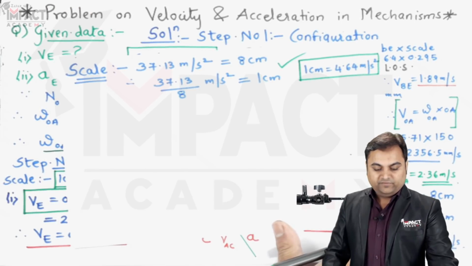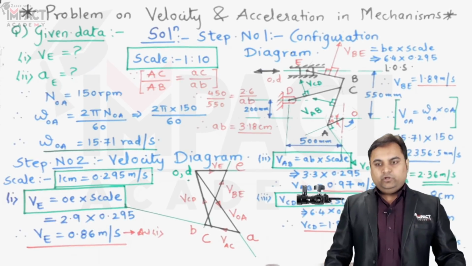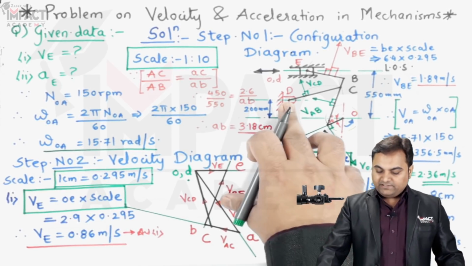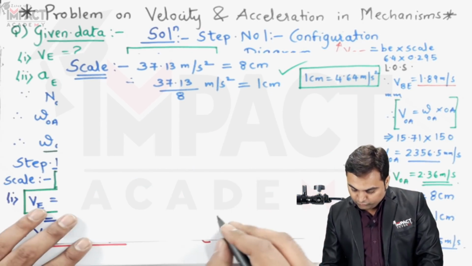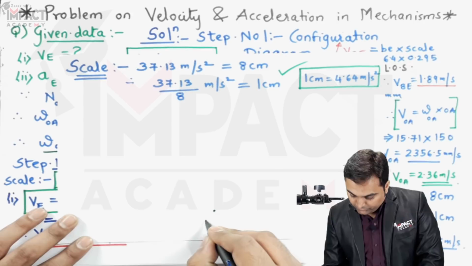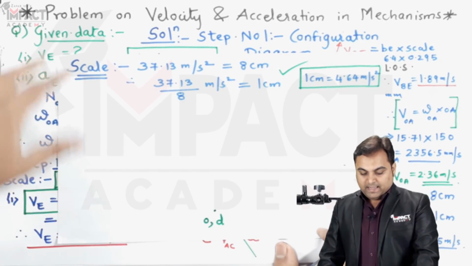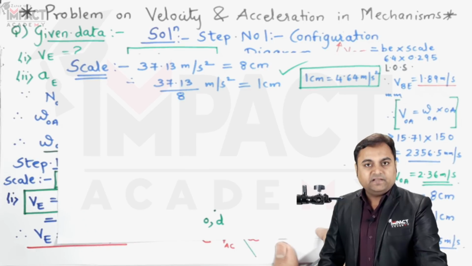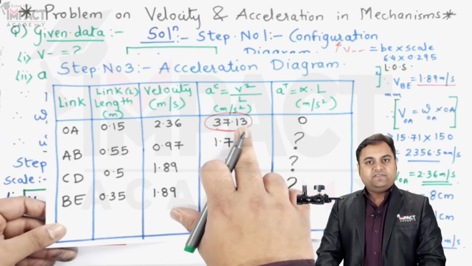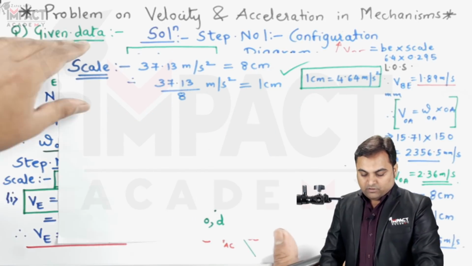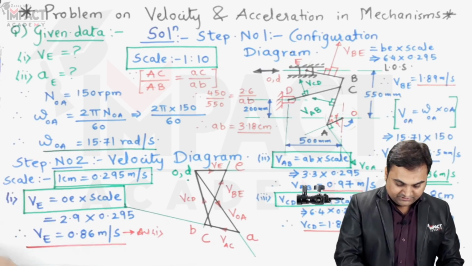And when we are drawing the acceleration diagram, in a similar manner like we have drawn the velocity diagram, taking O and D, that is the fixed points first. So I am taking points O and D which are fixed, and starting with the centripetal acceleration for link OA. Centripetal acceleration is 37.13, and centripetal means it would be acting towards the center.